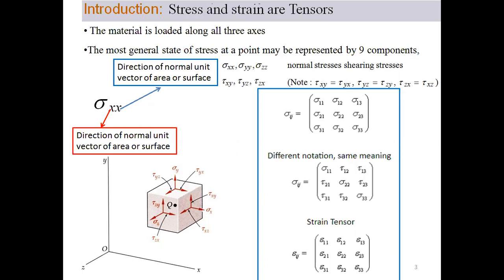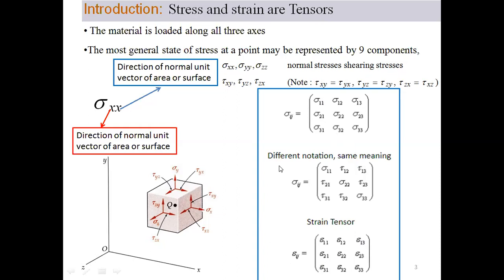So stress is a tensor. Similarly, strain is a tensor. In the general case of loading, there would be 9 components for stress, and in a general state of loading, there would be 9 components for strain.